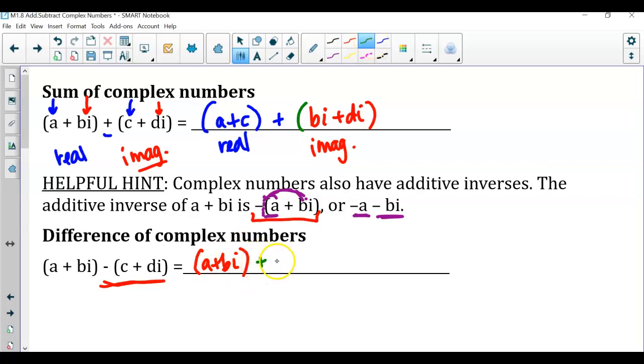So now we're adding, but now negative c, minus di, because here you're distributing a negative 1. Then you end up combining your real, which are a, but now plus that negative c, and then the imaginary, again, you need to keep together, which are bi, but now minus di, or plus that negative di. So keep in mind, if we have subtraction, we're going to distribute that negative 1 before combining like terms.